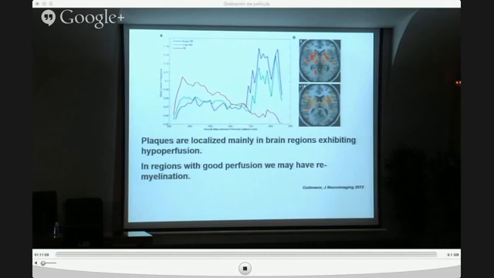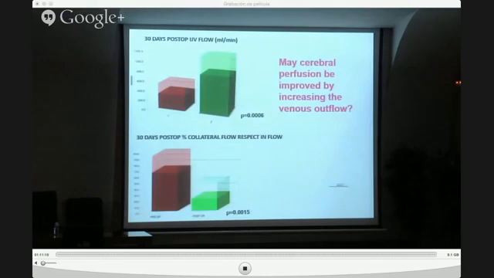So it seems very important to maintain a good perfusion in the brain in order to increase repair and regeneration due to MS. So the key question is, may cerebral perfusion be improved by increasing the venous outflow?